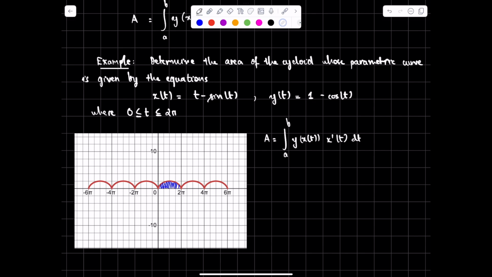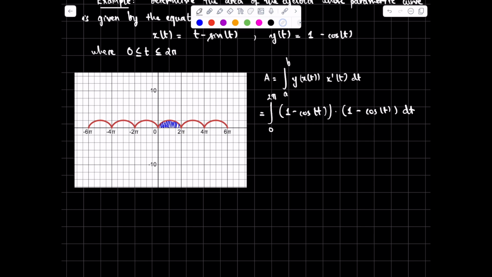For y is equal to 1 minus cosine of t and x is equal to t minus sine of t, and a is equal to 0, b is equal to 2 pi, so the area becomes the integral from 0 to 2 pi of 1 minus cosine of t times the derivative of x of t, so you have 1 minus cosine of t again, dt.